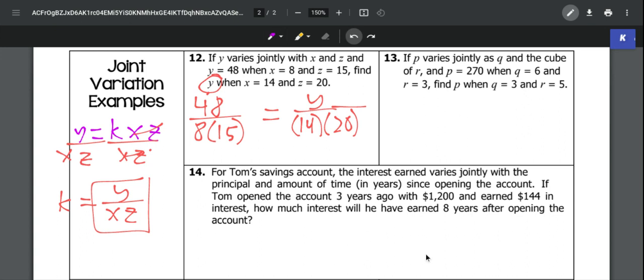So if we want to solve this, this is just a proportion problem. We've got a single fraction on each side, so we can cross multiply and solve. So when we cross multiply, we'll end up with 48 times 14 times 20. They didn't give us a lot of room here.